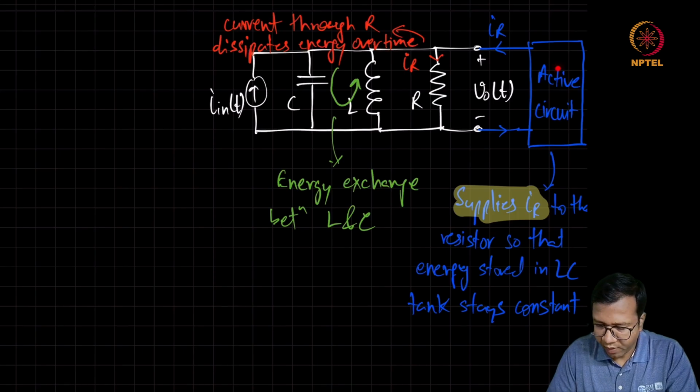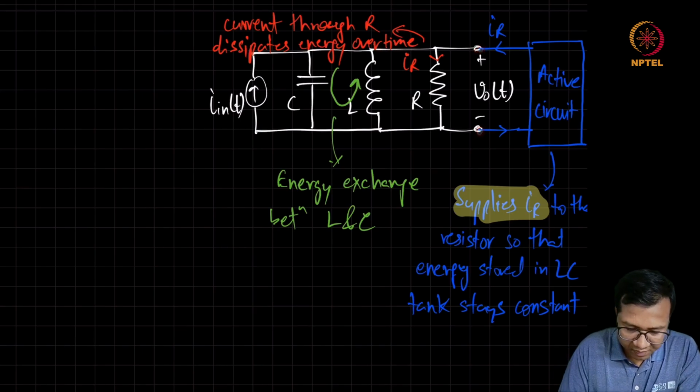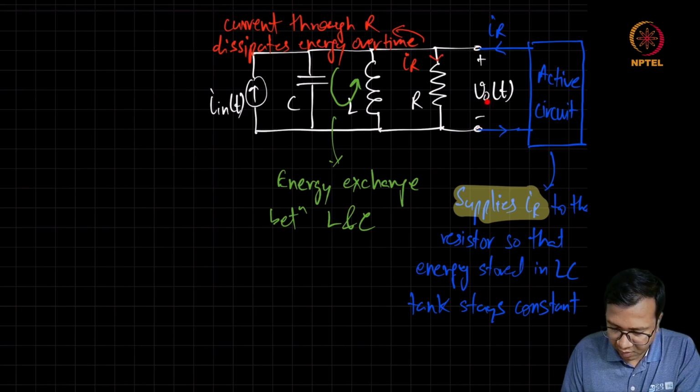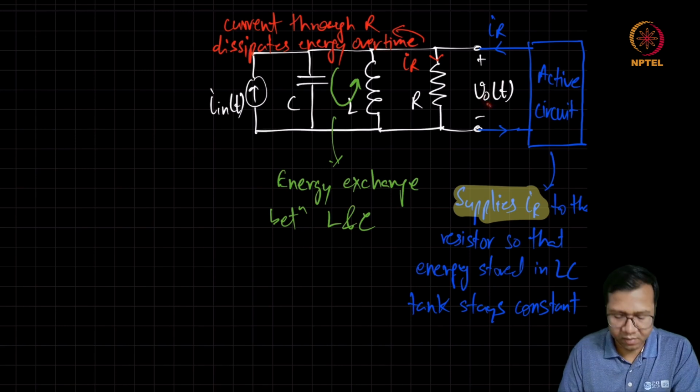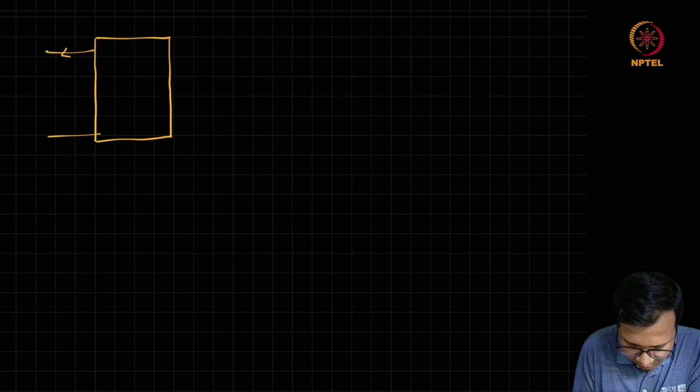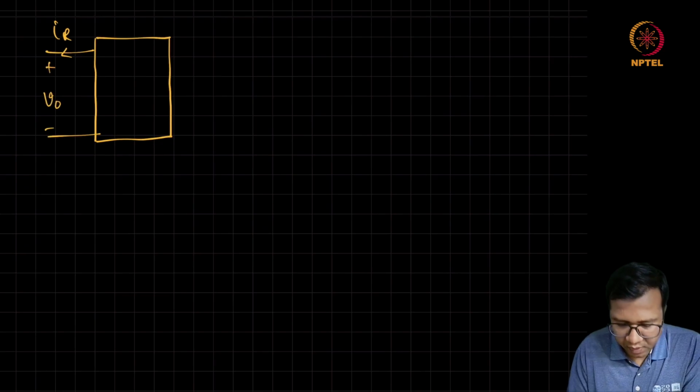Okay. Now, if we look at this active circuit, the way we have drawn it, it's a two-terminal device. And for this two-terminal device, we can then talk about its equivalent impedance. So it is providing a current IR while the voltage is V0.